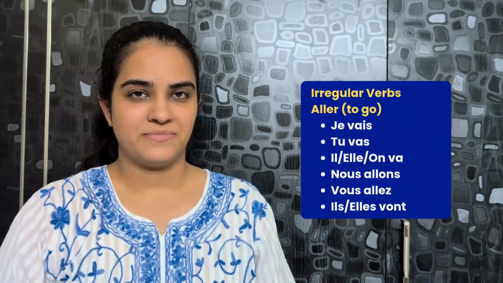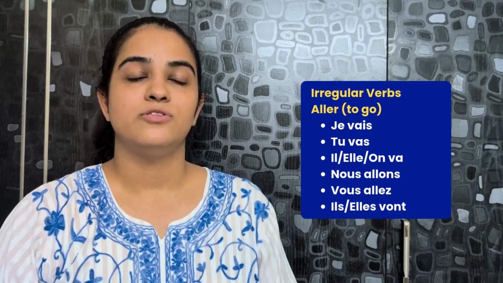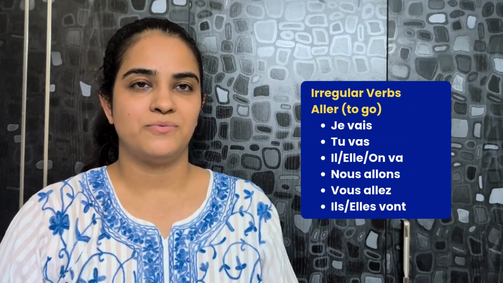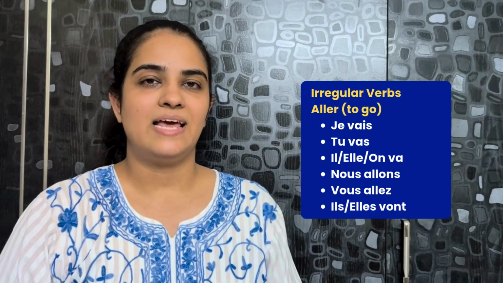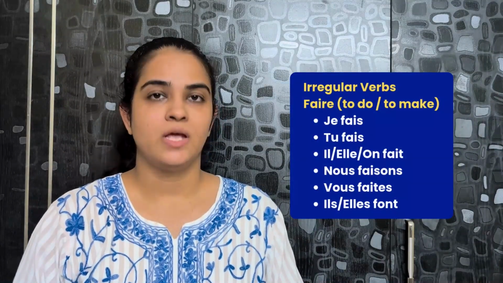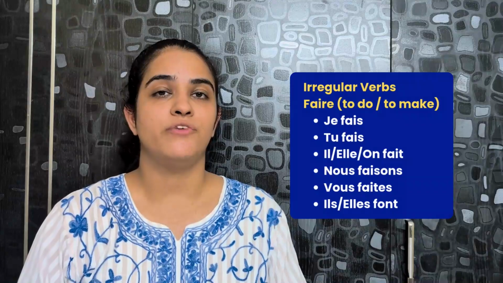For aller, we have je vais, tu vas, il, elle, on va, nous allons, vous allez, ils, elles vont. For the verb faire, it is je fais, tu fais, il, elle, on fait, nous faisons, vous faites, ils, elles font. Now you have gone through all the conjugations that you need in order to survive A1.